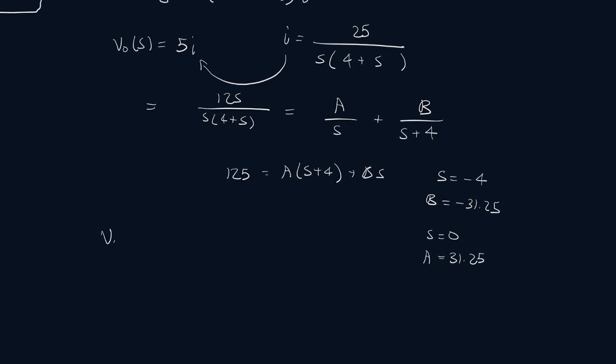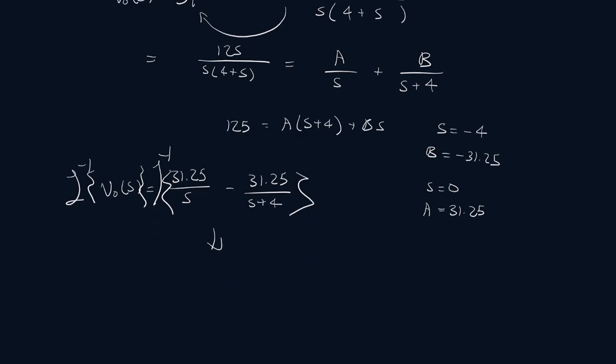So your VO of S will be equal to 31.25 over S minus 31.25 all over S plus 4. And we just take the inverse Laplace of all of this. And this should give you 31.25 minus 31.25 e to the power of minus 4t. So this is your VO of t.